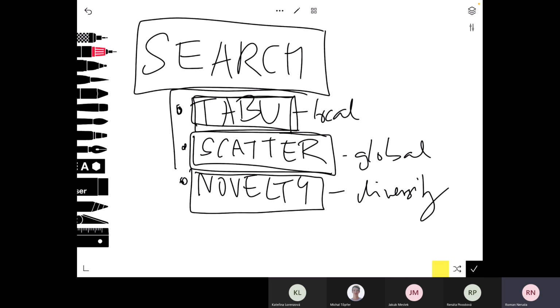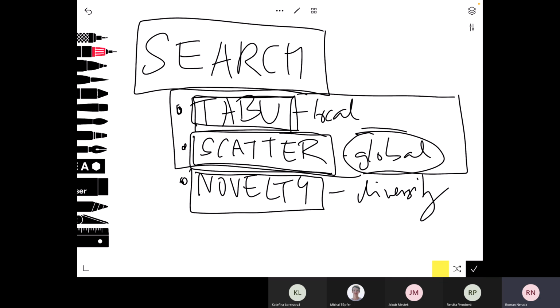Sometimes these two, Tabu and scatter, are referred to as a combination of two algorithms that work together. It's because they were designed this way. The scatter search was designed to be a global search that's using the Tabu search local search procedure, but they can be seen very independently.